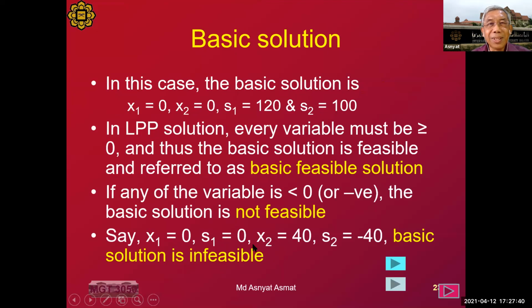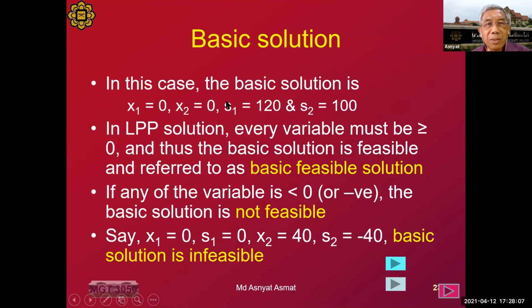Okay. Now, we are going to find what we call a basic solution. In this case, the basic solution is x1 equals 0, x2 equals 0, S1 equals 120, S2 equals 100. In a linear programming solution, every variable must be greater than or equal to 0.